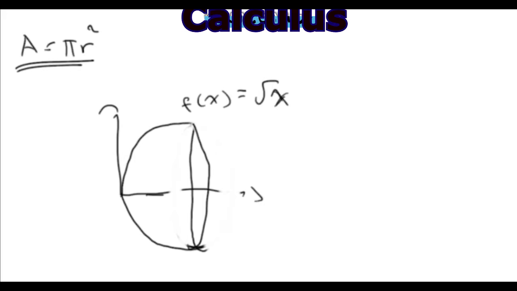Now, remember that in a definite integral, if we have points from a to b, this is a, this is b, and the definite integral is this.